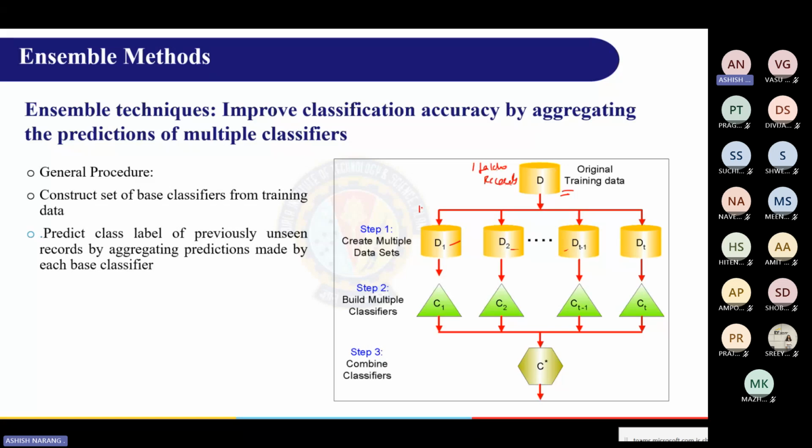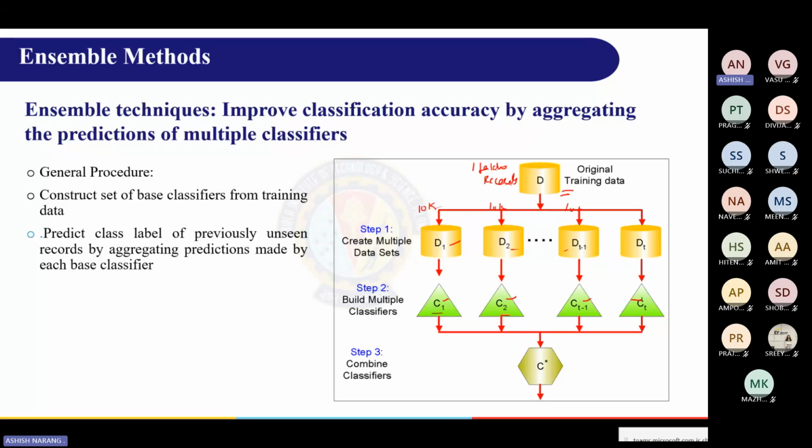So I will divide it into 10 data sets, each having 10K records. I'll train each classifier with those 10K records. And now I have classifiers ready. Build multiple classifiers, C1, C2 up to C10. And then I'm going to aggregate the predictions of each of those classifiers. So this is the whole idea.